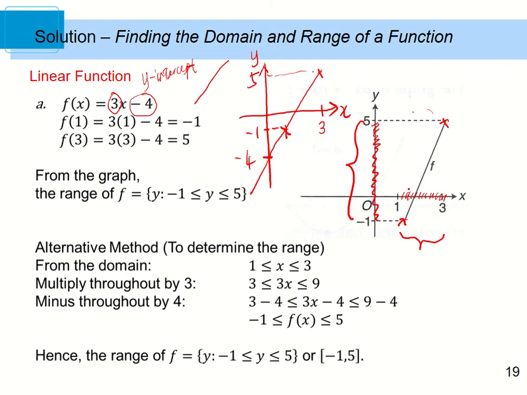So this is the domain, and this is the range. We write the range as y is greater than or equal to -1, and smaller than or equal to 5.